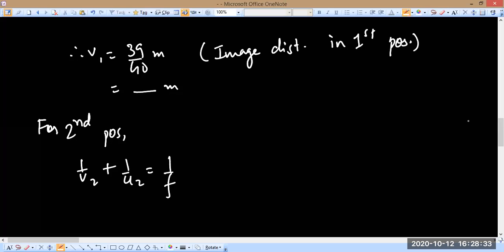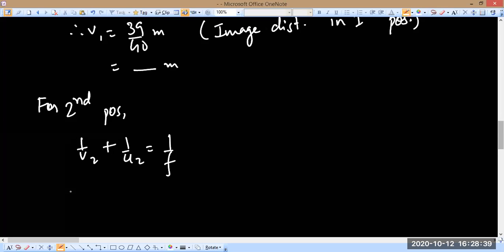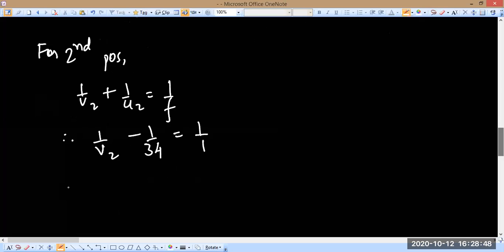Now let's find the new image distance. Let's calculate this. All right, so 1 by v2 minus 1 by 34 is equal to 1 by 1. So based on that, v2 is going to be 34 by 35 meter.